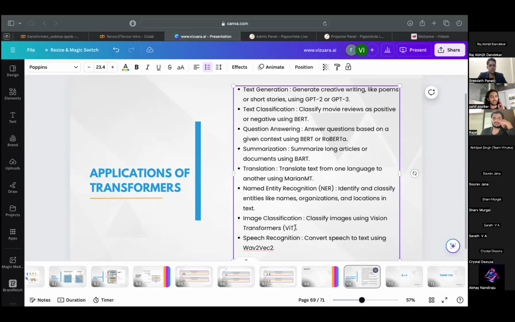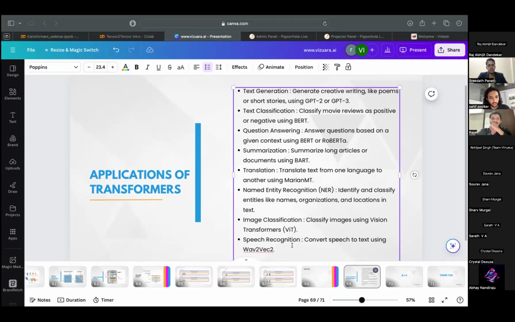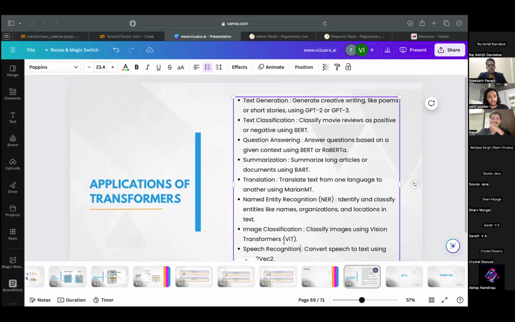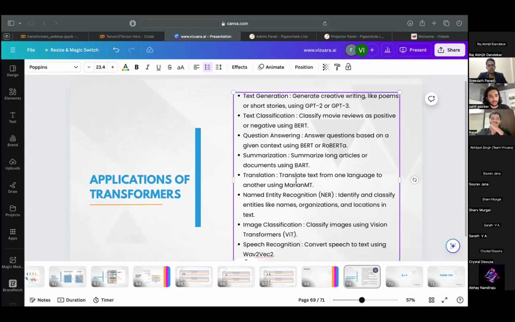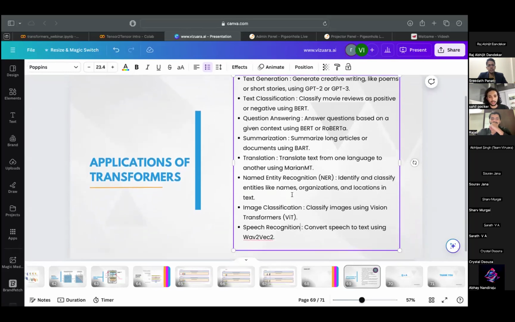Even if you suddenly look outside, in the wild, if you see something, you automatically pay attention to a certain spot more than all the other spots together. So that's something which vision transformers did. You can definitely read about it. I'll also give some detail about vision transformers in the course as well. And there is also speech recognition, wav2vec. There are a lot of these applications of transformers.